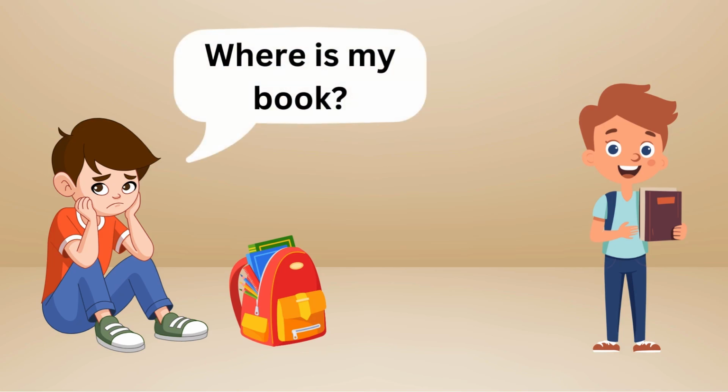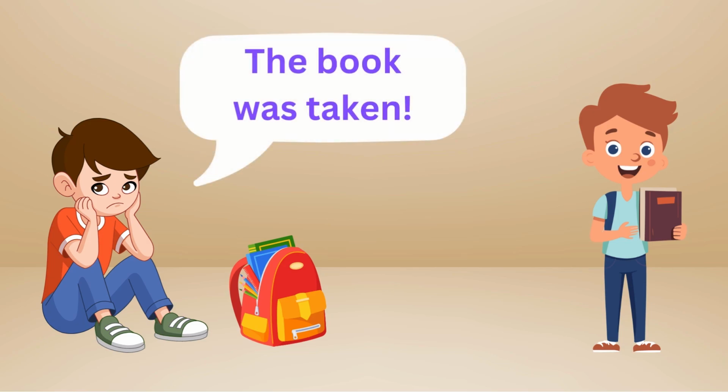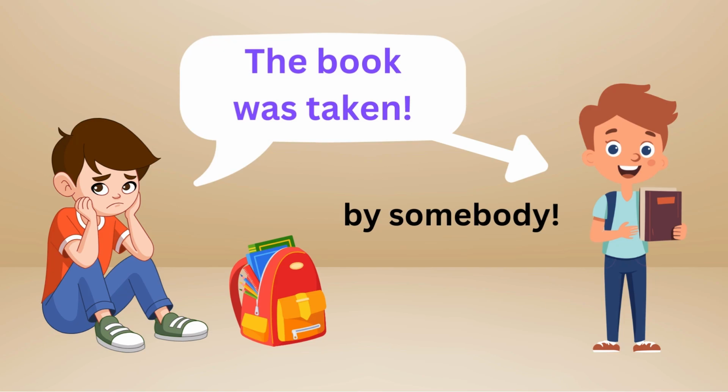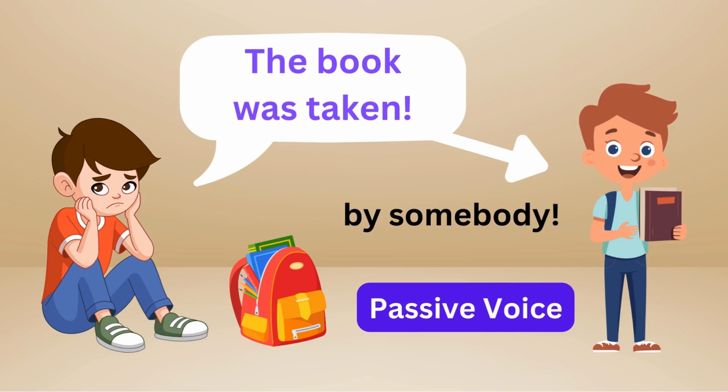You couldn't find your book when you wanted to study. You don't know who had taken the book. I mean, you could probably guess, but you don't know where the book is. The book was taken by somebody. So, the solution is to use passive voice since we don't know who took the book.